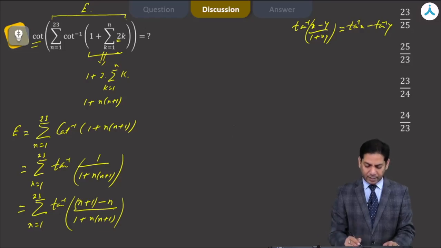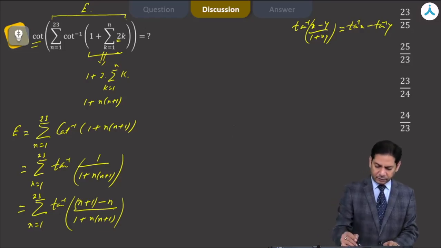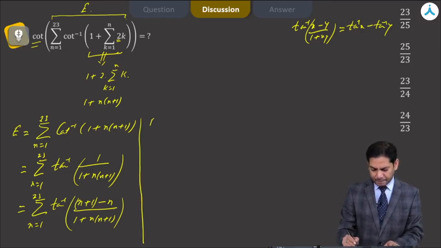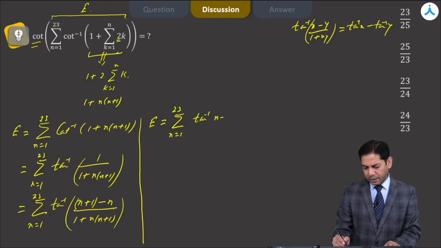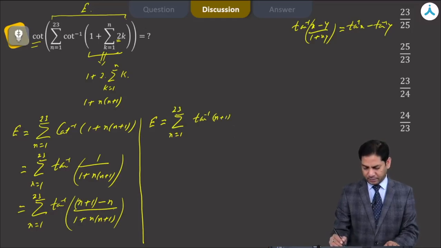Here n plus 1 and n both are positive, so we can write this E is equal to summation for n is equal to 1 to 23 of tan inverse n plus 1, that is x for us, minus tan inverse n, that is y here.